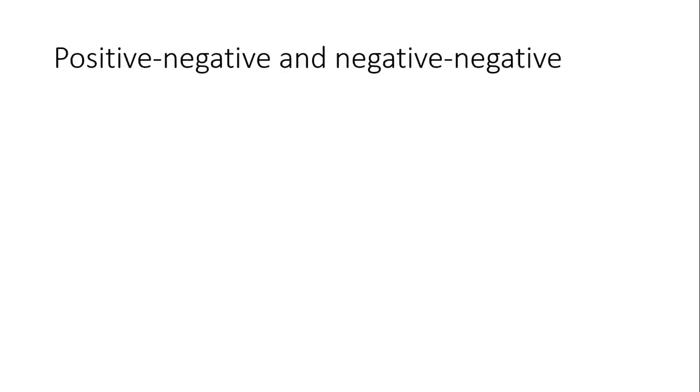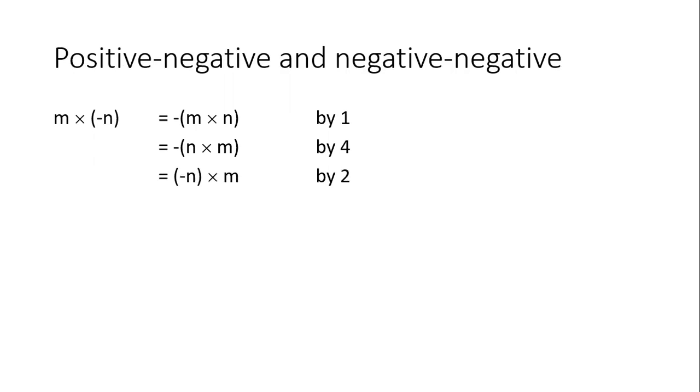So, if you have positive, negative, then you can get the first line by 1, and then using the commutativity of the whole numbers, you get the second one. Then you again apply 2 to get the last line, and you notice that now we have established commutativity. It's a very short 3-step proof.